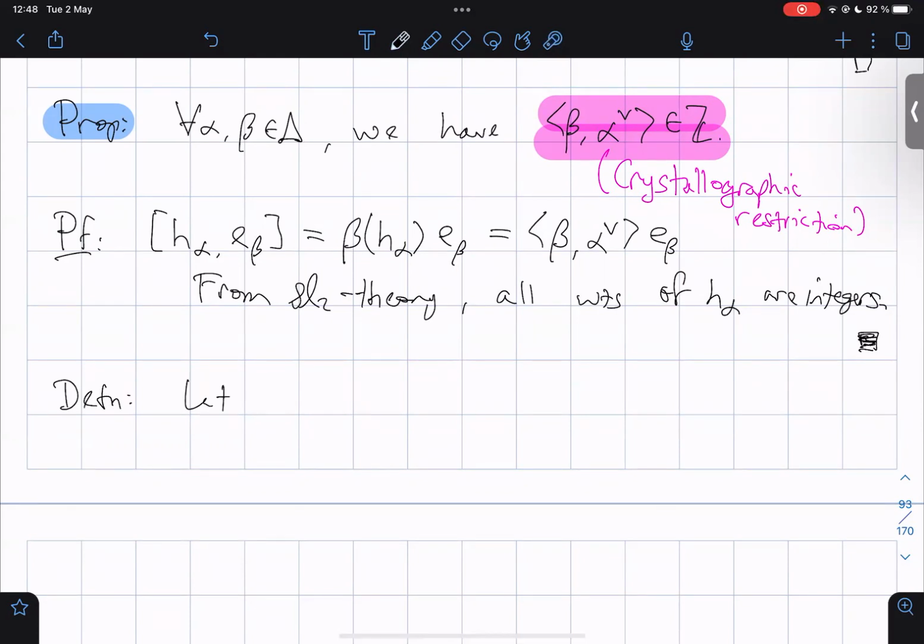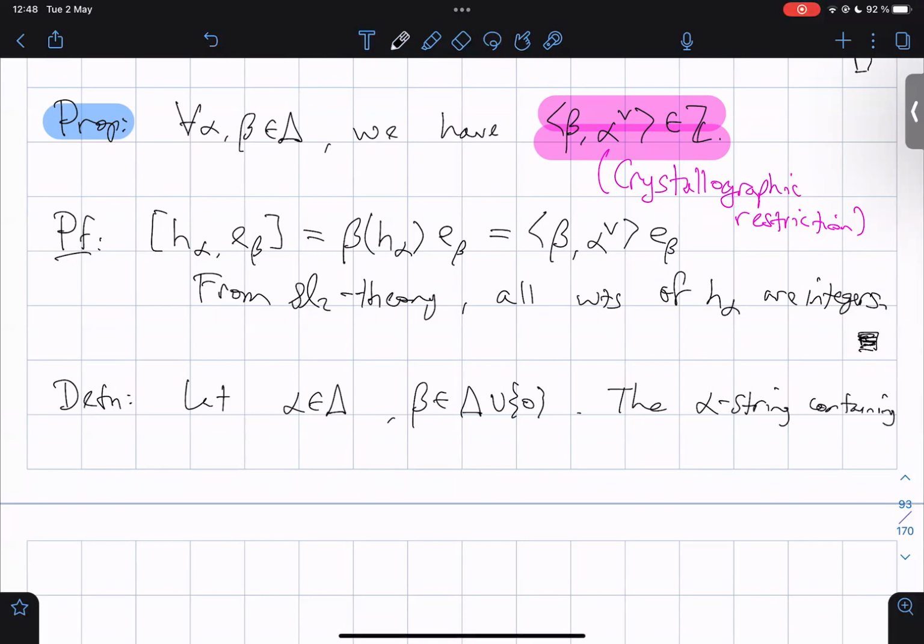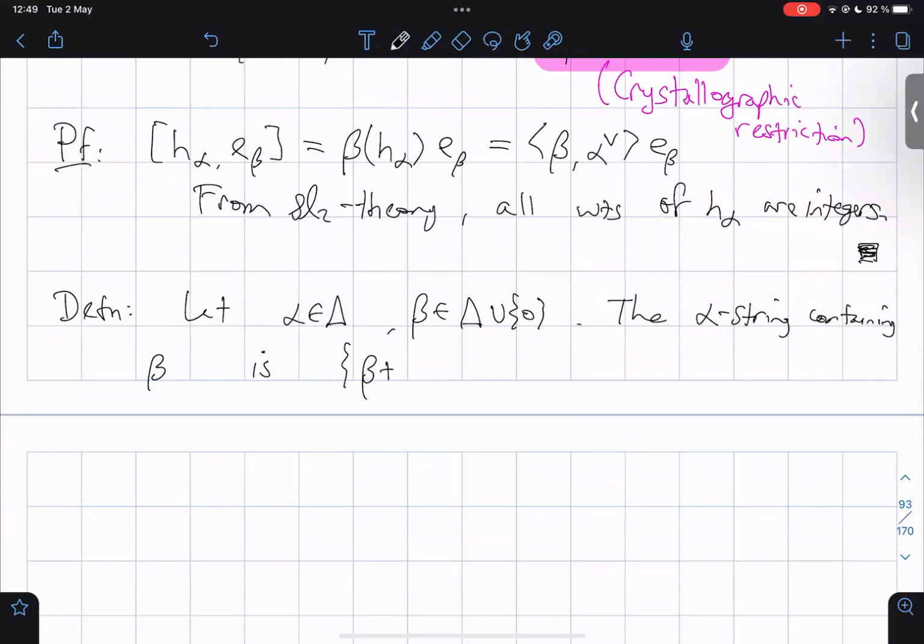So let alpha be in here and beta be over here. The alpha string containing beta is basically, you start out from beta and then you start shifting by alpha. Take all possible integral shifts by alpha through beta.